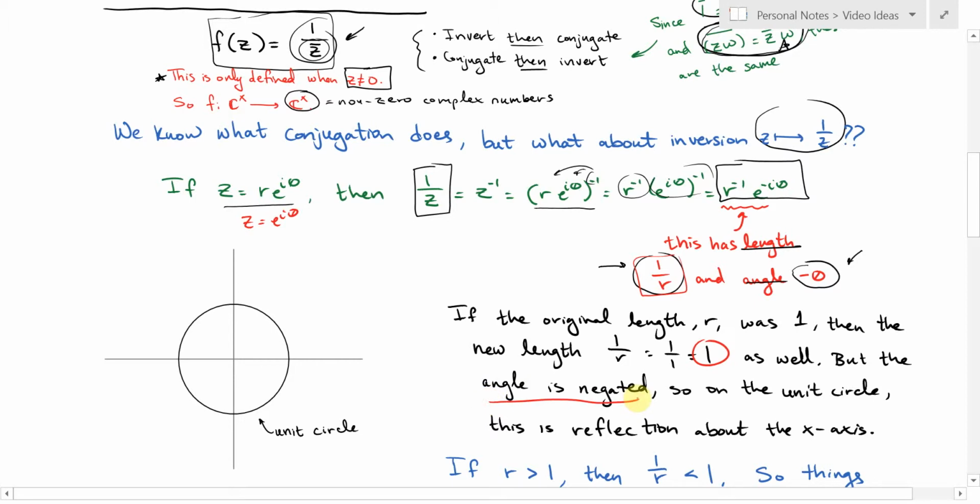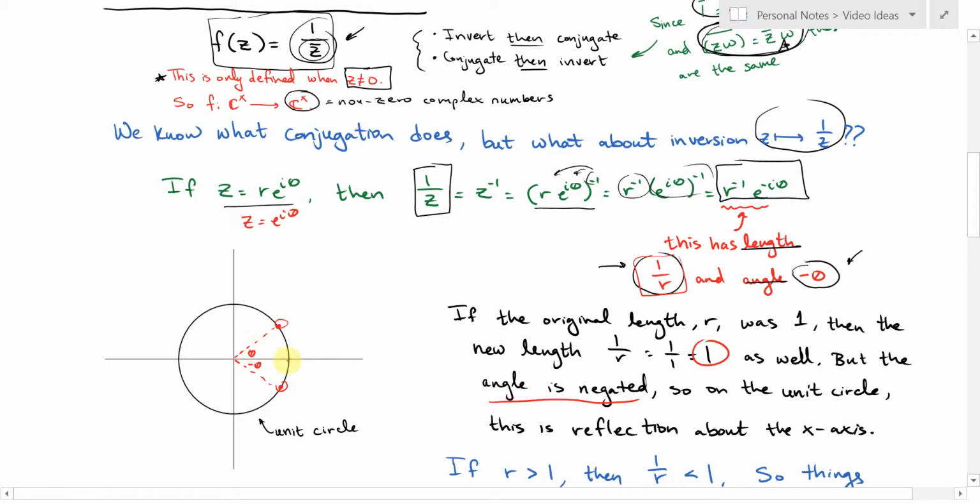So on the unit circle, this reflects things about the x-axis, right? If you had something on the unit circle right here, at an angle of theta, well, the length gets inverted, but that doesn't change, but theta becomes negative theta. So it maps this point on the unit circle to this point on the unit circle.